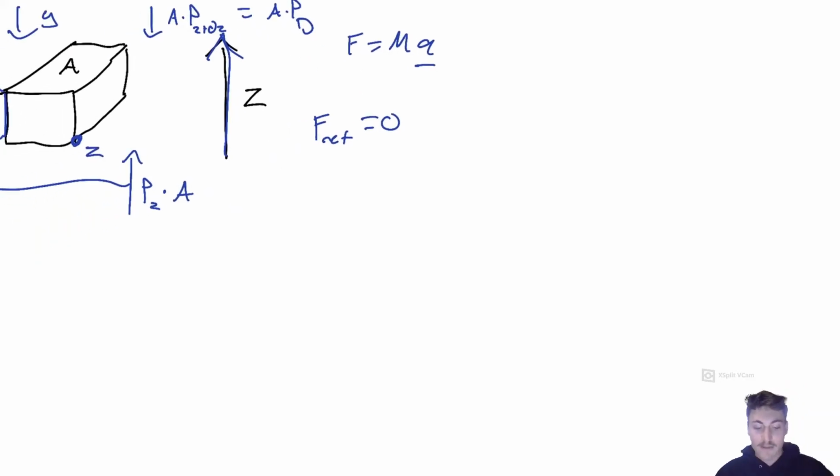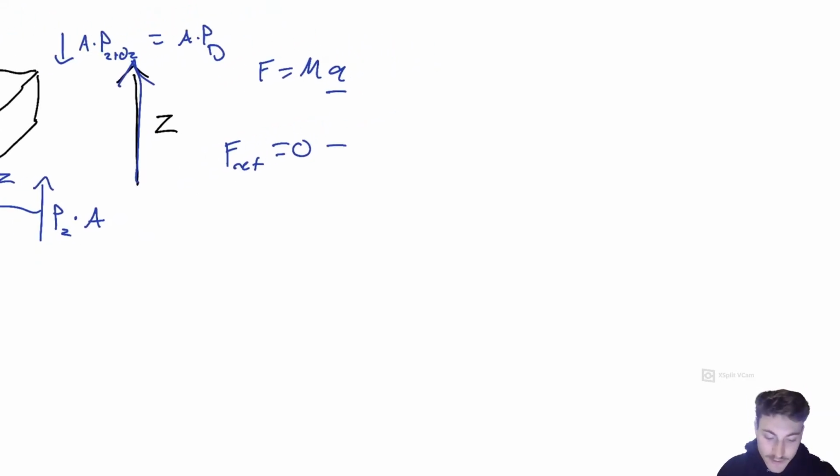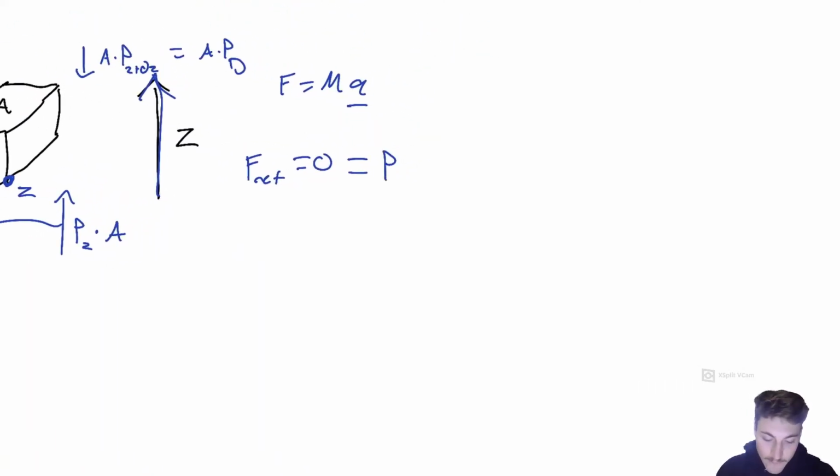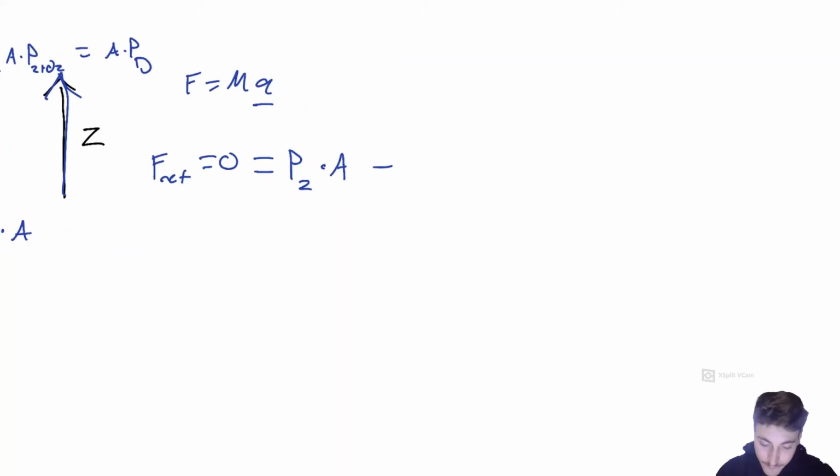That means the sum of those three forces has to be equal to zero. So we have Pz times A minus Pd times A minus gravity times the mass of that whole thing.